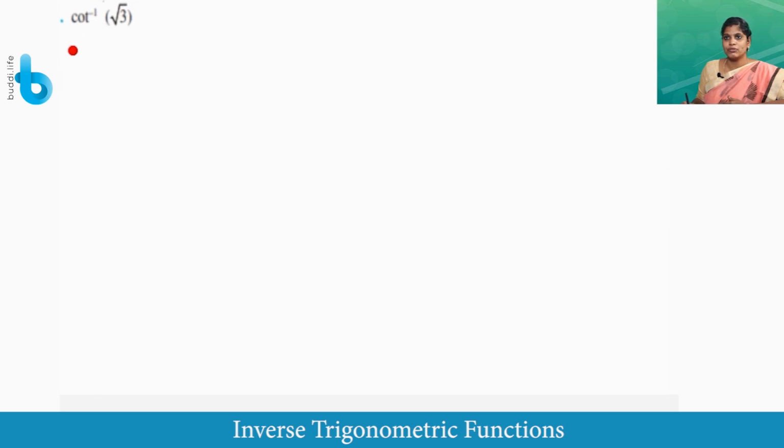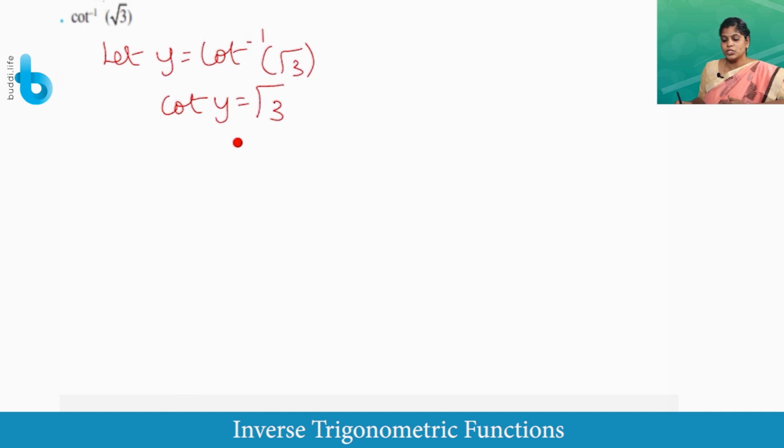Cot inverse of root 3. So let y equal to cot inverse of root 3, so cot y equal to root 3. So which value of theta will have root 3 as its value?